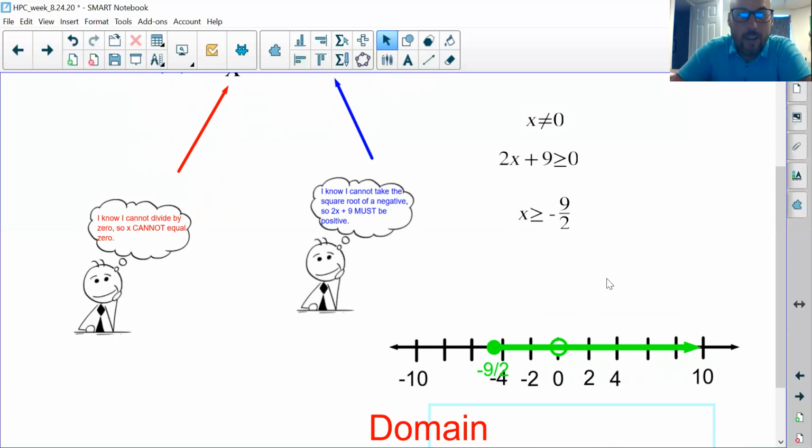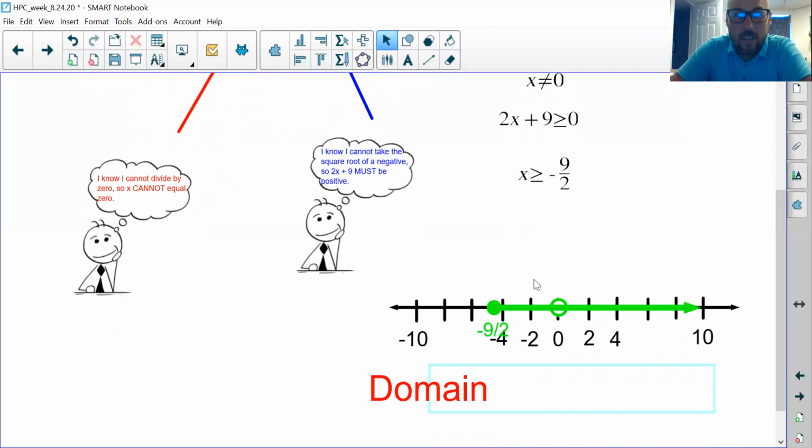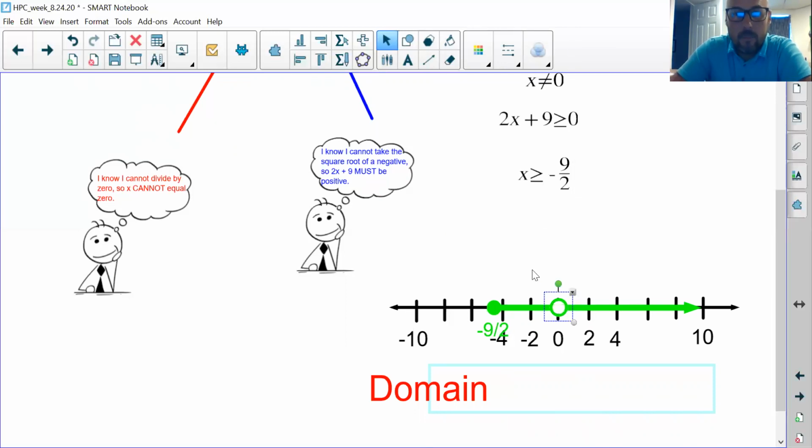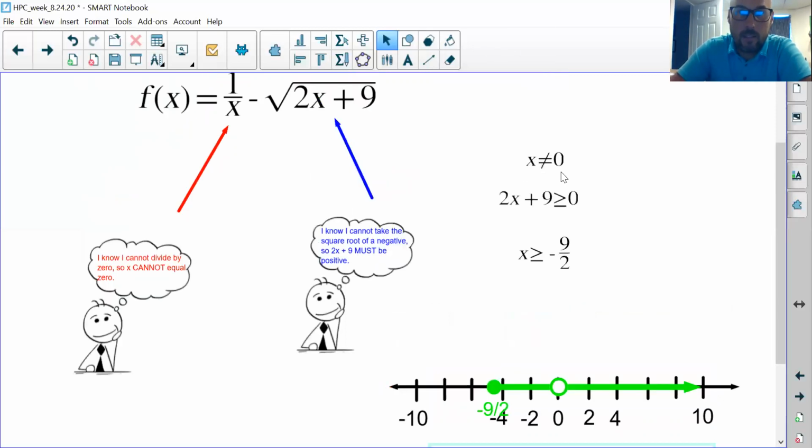What intervals are involved here? Numbers have to be greater than or equal to -9/2, but 0 is also forbidden. X cannot be 0. Even though 0 is greater than -9/2, 0 is completely out of the question because when x equals 0, you actually divide by 0.